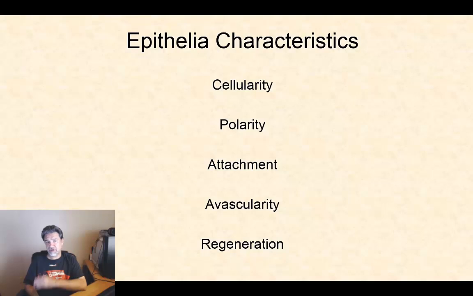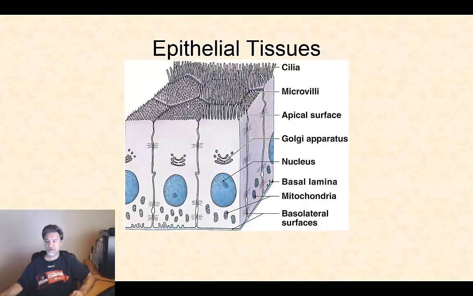Finally, especially in regards to skin and other epithelial tissues that have multiple layers of cells, we're going to see that typically the bottom layer of cells is full of stem cells that rapidly divide and continue to produce new cells for the layers that lie above. So here is a picture showing you the aspects of an epithelial cell. You'll see sometimes they're ciliated, sometimes they're not.